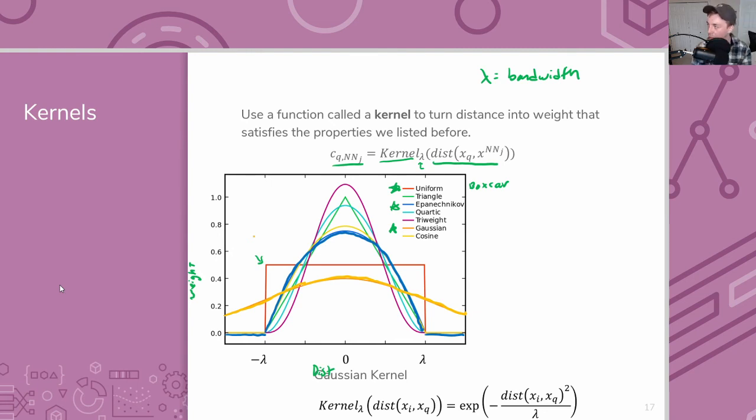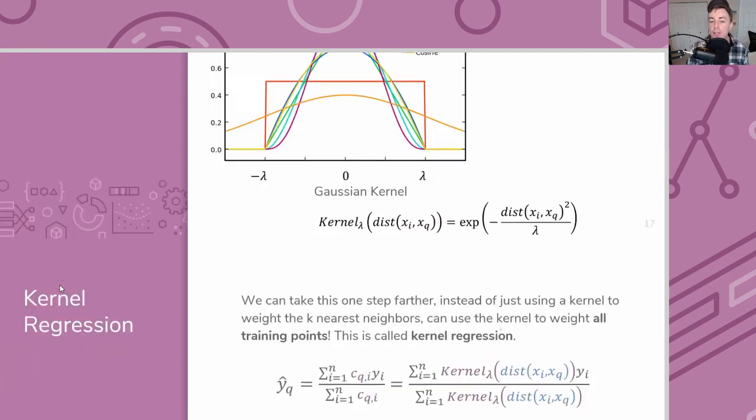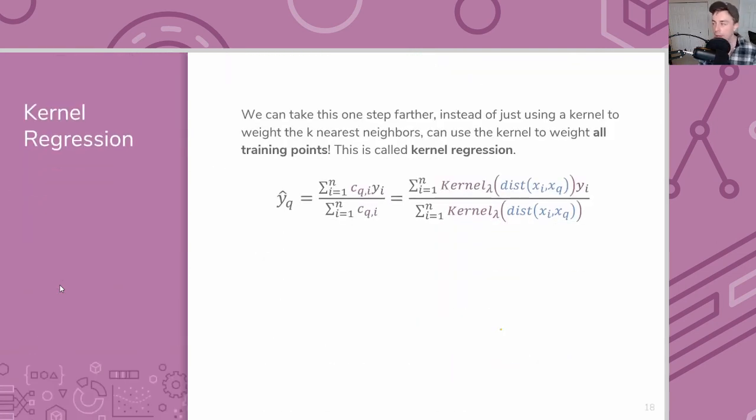Uniform doesn't have any shape to it outside of this uniform value. The Epanechnikov is this bowl-looking thing that has 0 value outside the bandwidth. And then Gaussian is kind of this. All of these kernels are parameterized by bandwidth, lambda, and that tells you how wide you want these things. We'll talk about how you choose. But assuming you've stuck to one kernel, then you could do something with that.